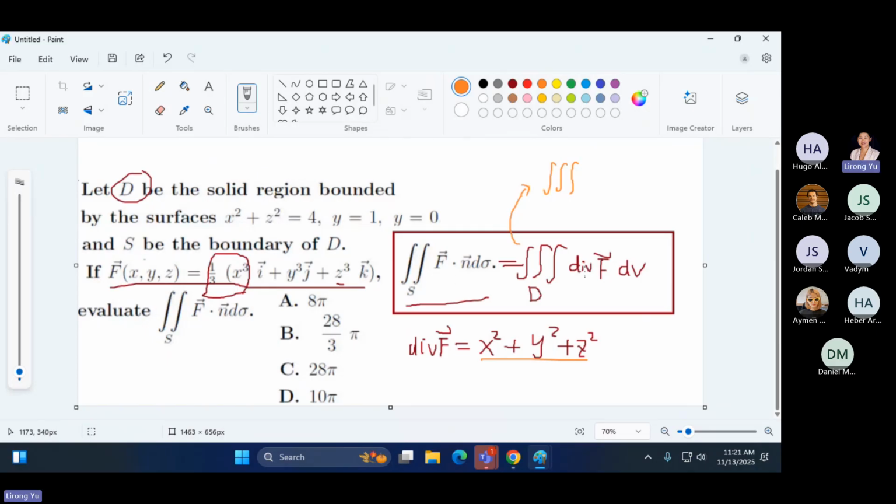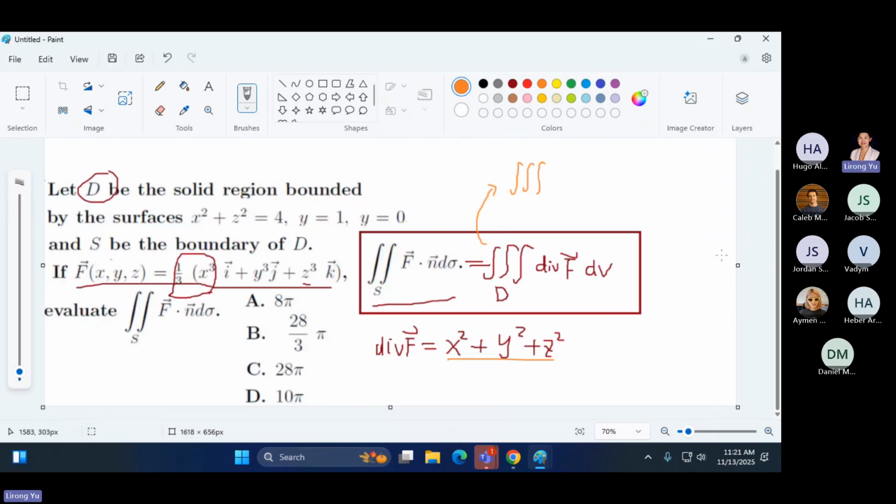I'm thinking about using cylindrical coordinates. You see x squared plus z squared equals 4. We were supposed to do a triple integral of x squared plus y squared plus z squared dV. That's the intended calculation.